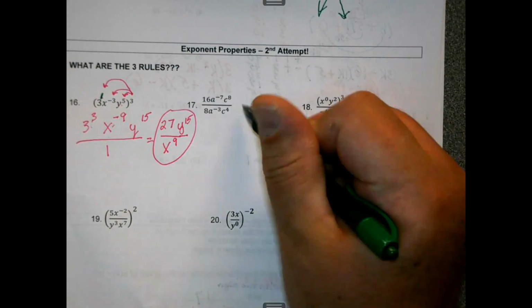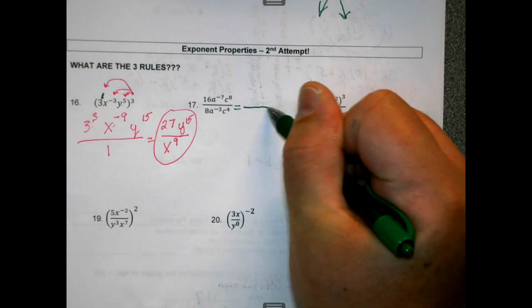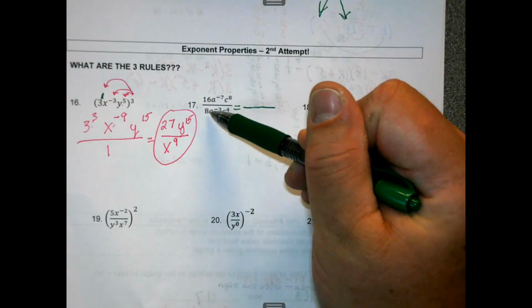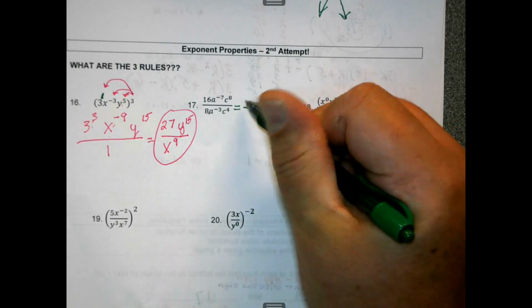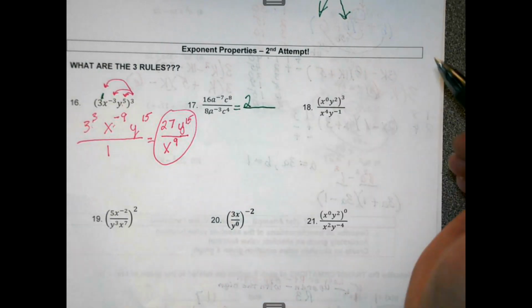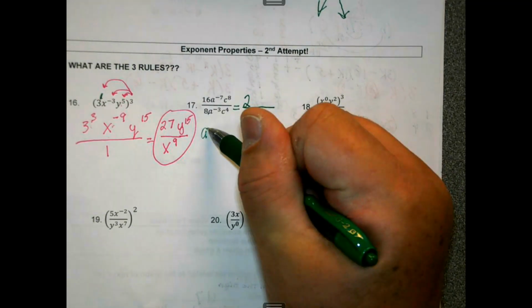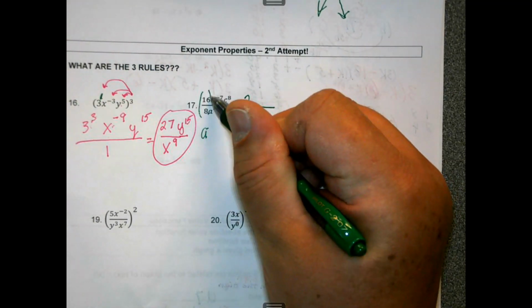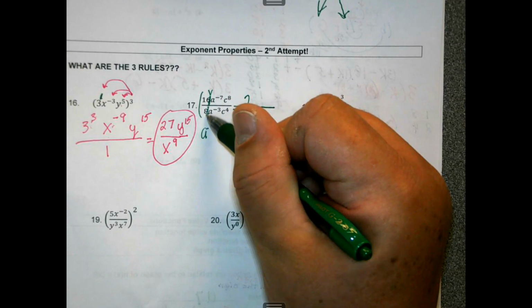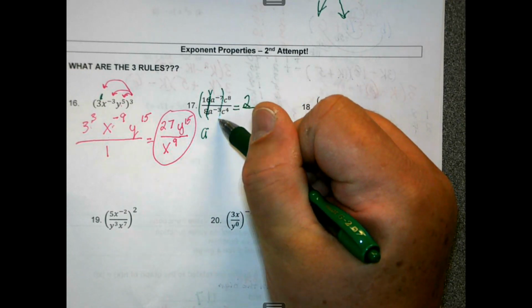Number 17. Okay, I have 16 divided by 8 is 2 to the positive first, so it's just 2 over 1. Now I'm thinking of these as individual fractions because these have the same base, right?